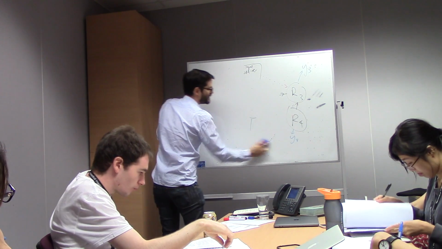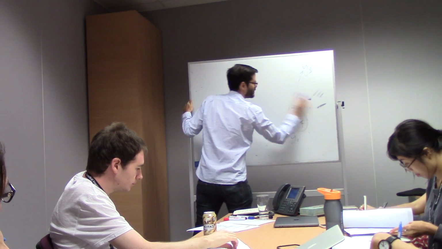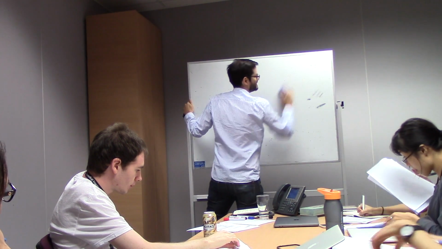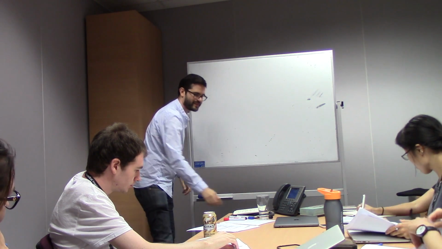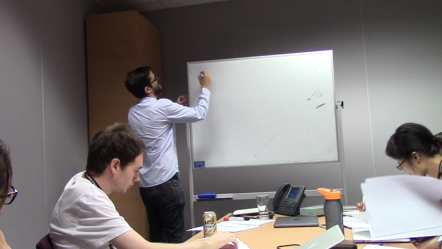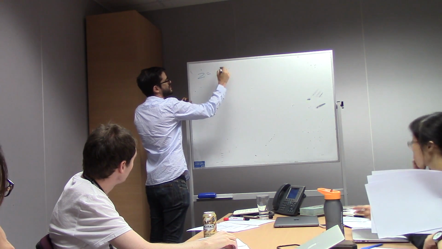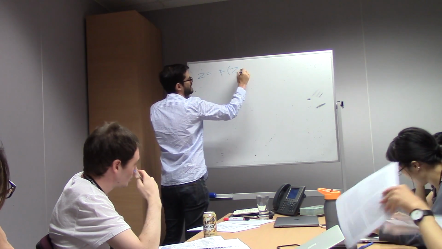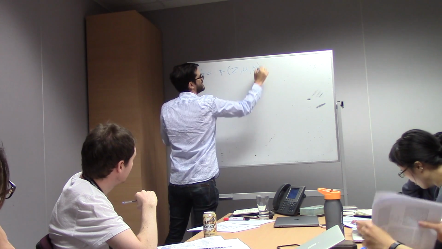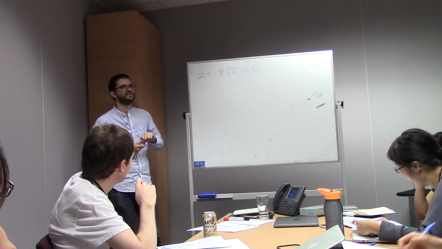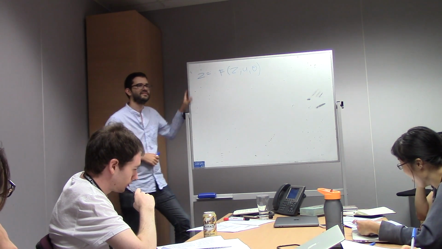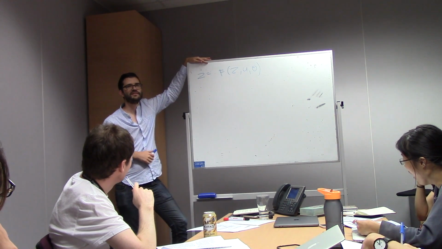So, does anyone know what that is? What it's called? It's like Z dot equals F of Z, U. Anyone want to guess what this type of equation is?